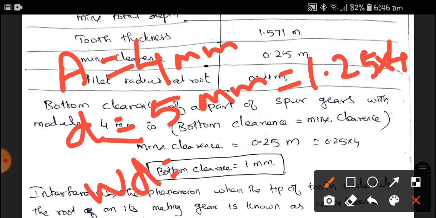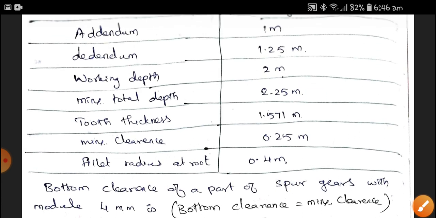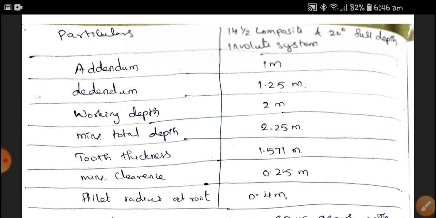Working depth is equal to 2 times module, therefore 8 millimeter. Total depth is 2.25 module, therefore it becomes 9 millimeter. Like that we can easily find all the parameters I have mentioned here.